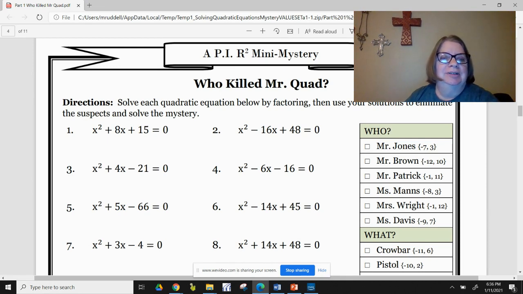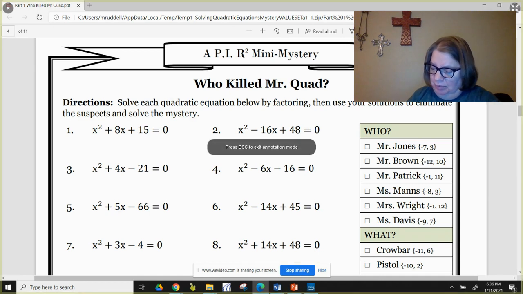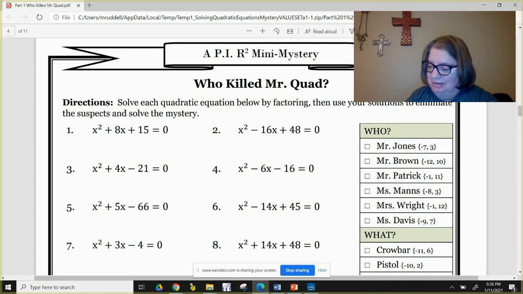So let's look for an example. It says solve each quadratic equation by factoring. Use your solutions to eliminate the suspects and solve the mystery. We already did one with an 8 and a 15. Let's try. What about this one? x squared minus 16x plus 48. Three terms, no greatest common factor.